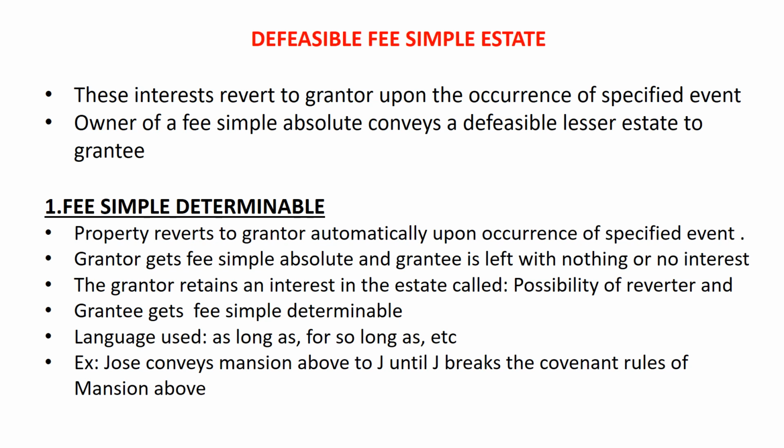The language used can be "for as long as." For example, Jose conveys Mansion Hye to J until J breaks the covenant rules of the Mansion Hye. So that means when that event takes place, the estate is reverted to the grantor, Jose.